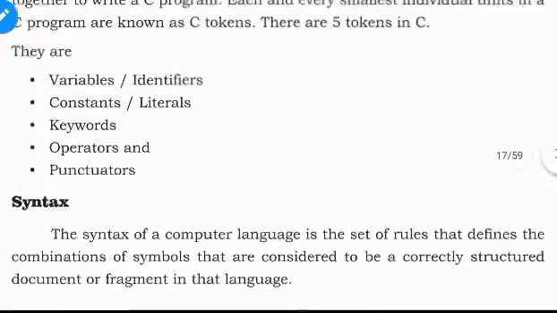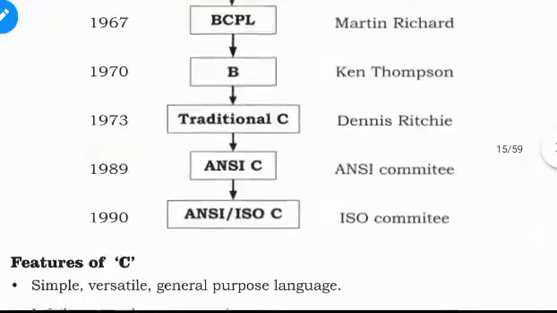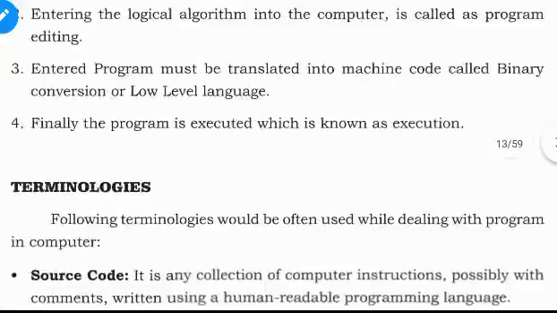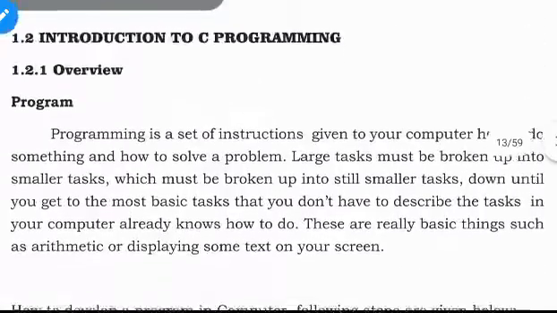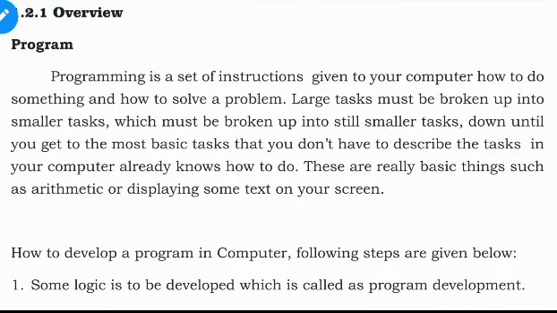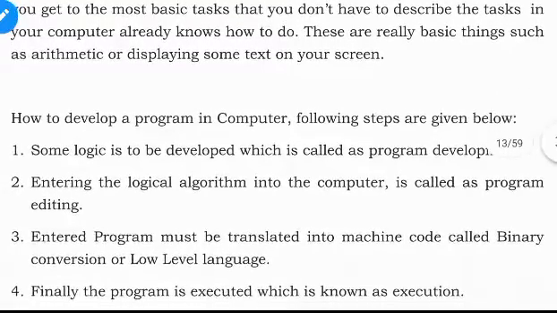Before that, once again, can we sum up what we have seen today? First, introduction, that is overview of C. So what have we seen in the overview of C? Program. So what is a program? How the program is given, how it is broken down into smaller tasks to execute. Then how to develop a program in a computer.